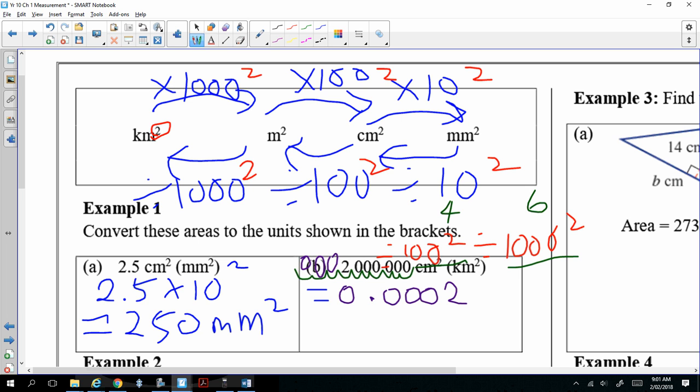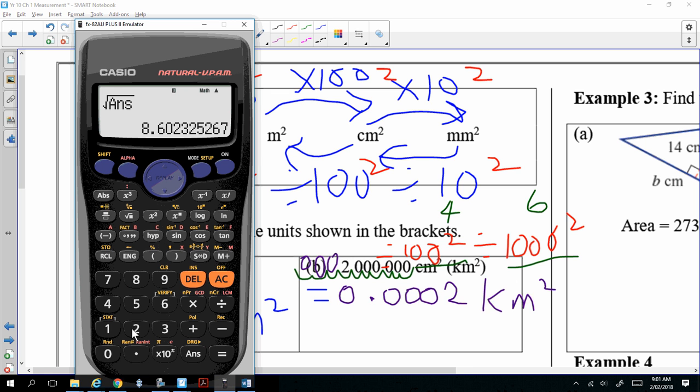Square kilometers. Now, of course, if you don't like doing this, all you have to do is just enter the button on a calculator, 2 million square centimeters divided by 100 square divided by 1,000 square should give you that. Okay, so you can do that on a calculator.